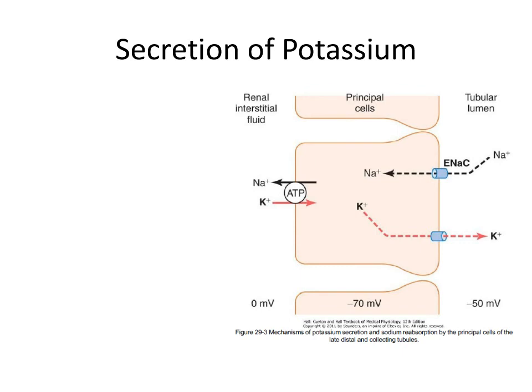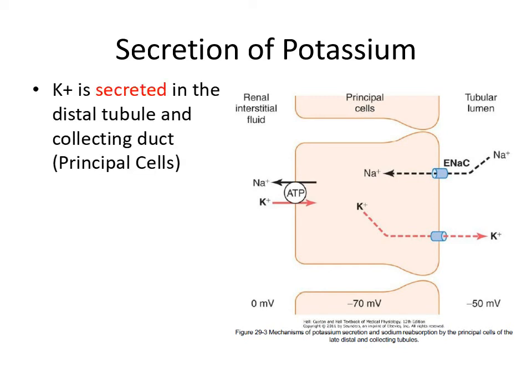Now coming to the secretion of potassium. So secretion occurs mainly in the distal tubule and collecting duct and that occurs through the principal cells. So how is this occurring? So the potassium secretion is occurring through the potassium channel. So for the potassium secretion to occur, there should be a negativity inside the tubular lumen.